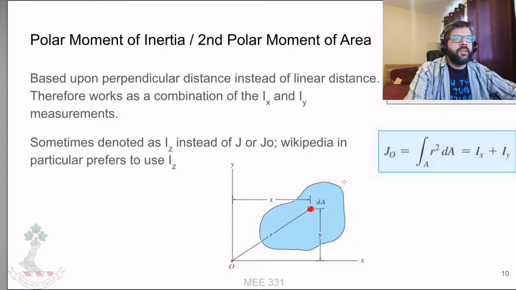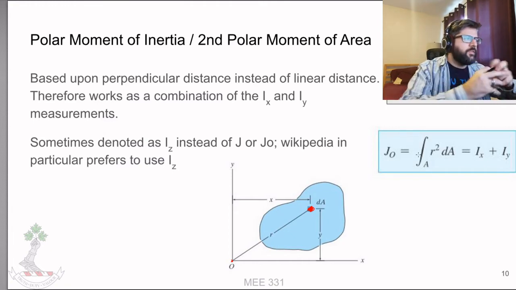Obviously for this one, moving the object up or down in the x or y directions will change the polar moment of inertia, as well as changing the distribution of the object itself.